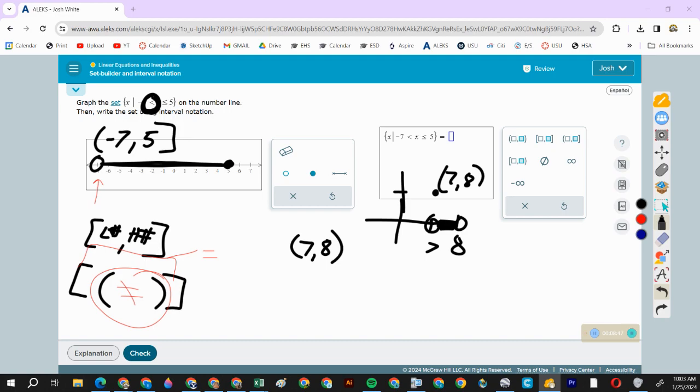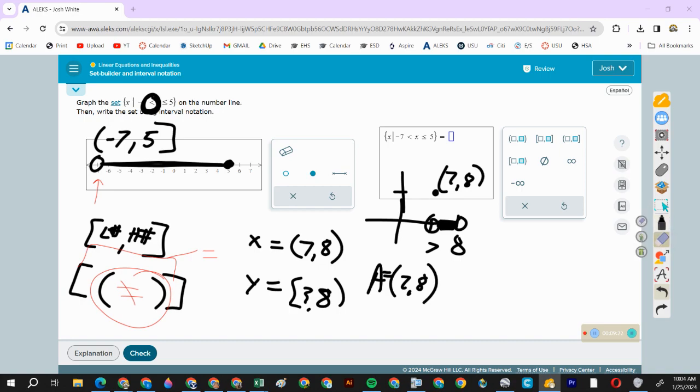How do I know if it's a point or if it's an interval? Well, if it's an interval, it needs to say either x equals or it could say y equals. Right? If it's a point, we usually use capital letters, like point A is 7, 8. Okay? So if it says x equals or y equals, that means a set of numbers. If it has capital A, capital B, capital P, then that would be a point.